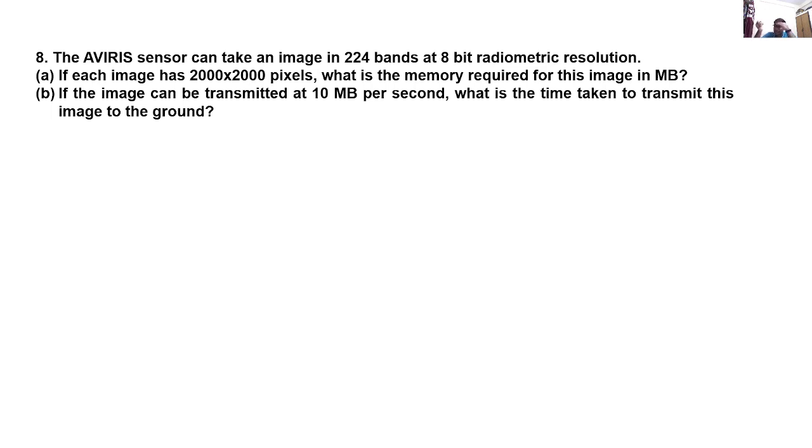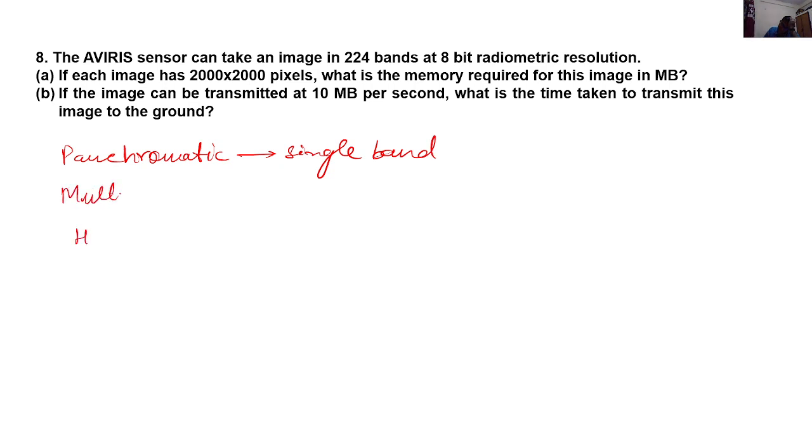So that is how we compare between the three different domains of remote sensing: panchromatic, single band; multispectral, multiple bands, maybe from 5 to, let us say, even 50 or even 100.